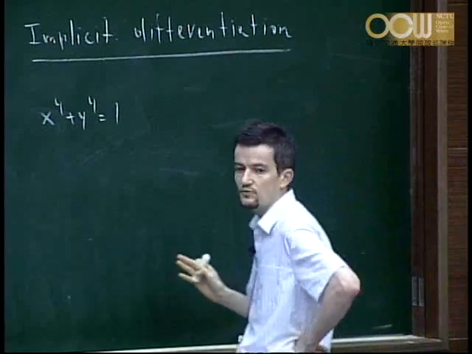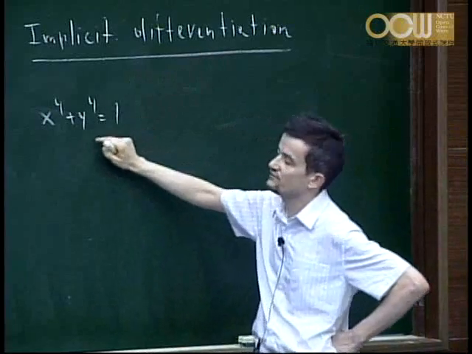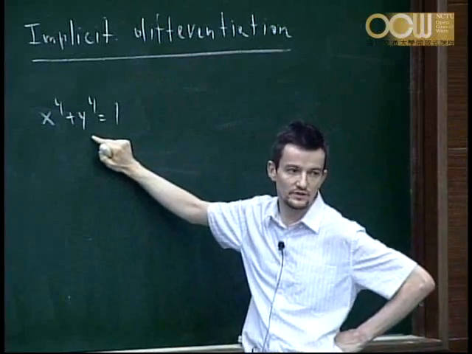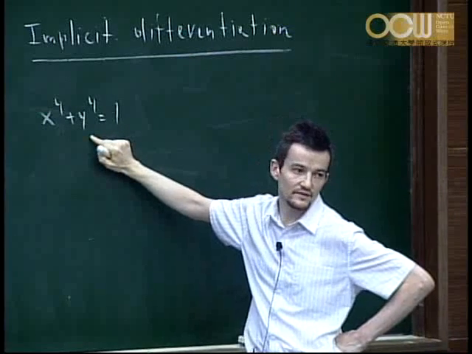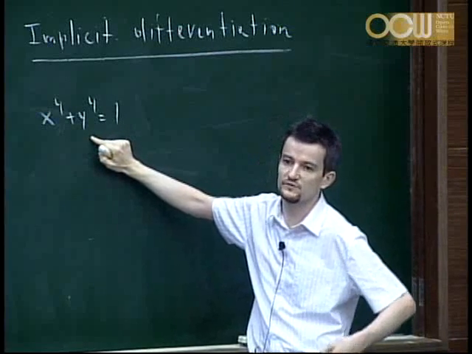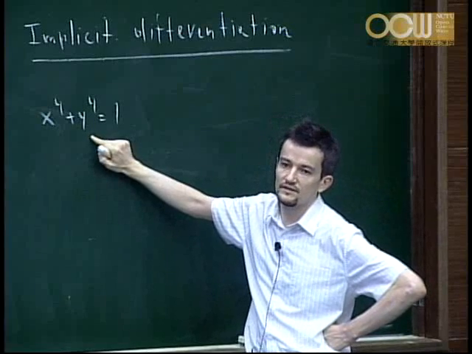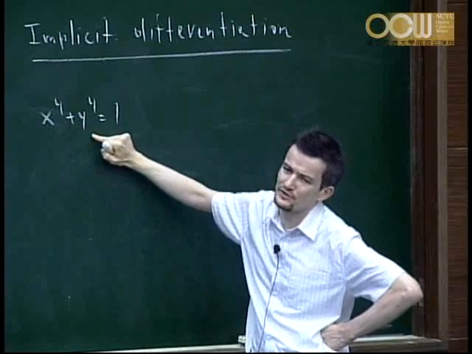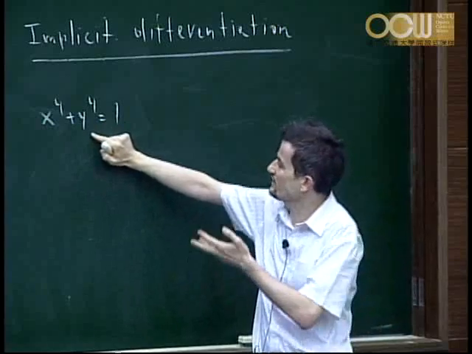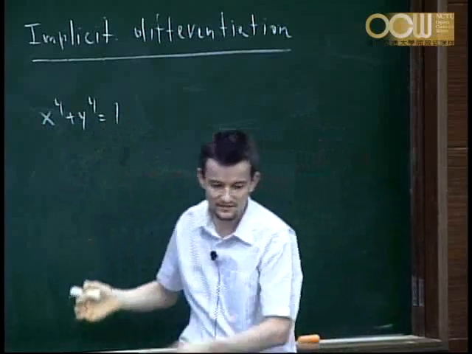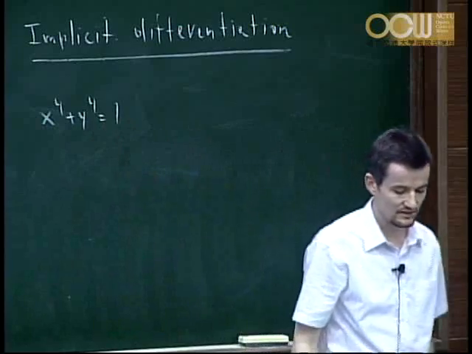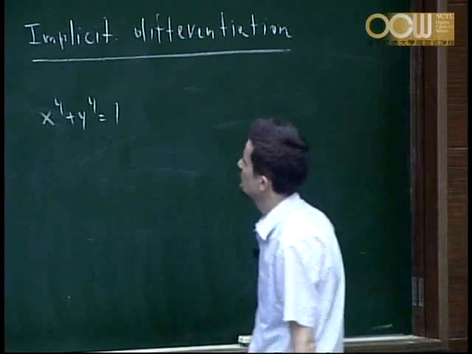Most of the time you apply implicit differentiation if you're not able to solve for y. So the method is most of the time applied for such a situation. If you can solve for y, for instance here, of course it's not very complicated, but it's not so convenient to take the derivative of the solution.